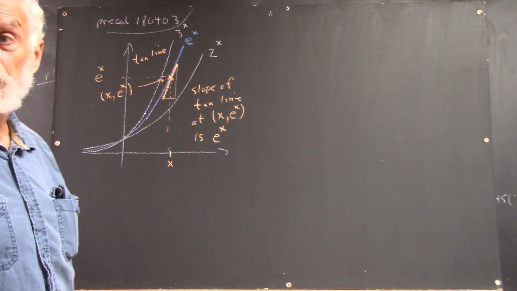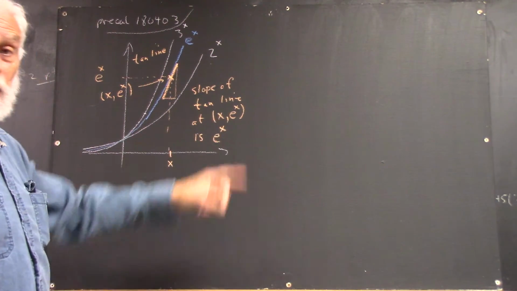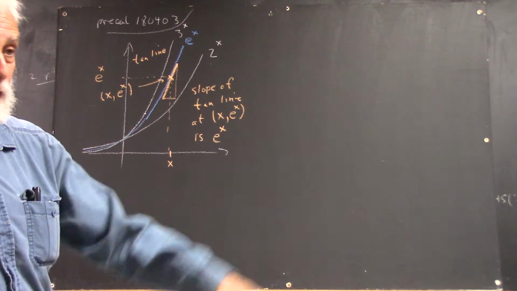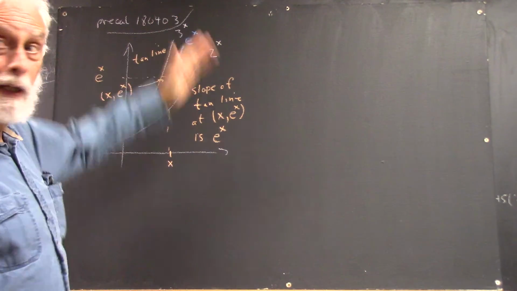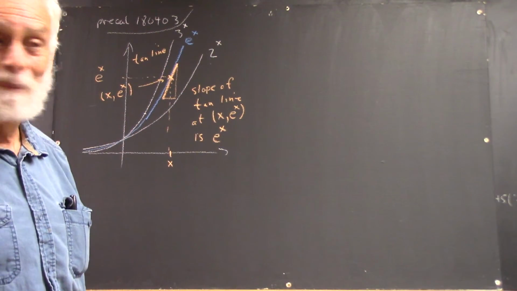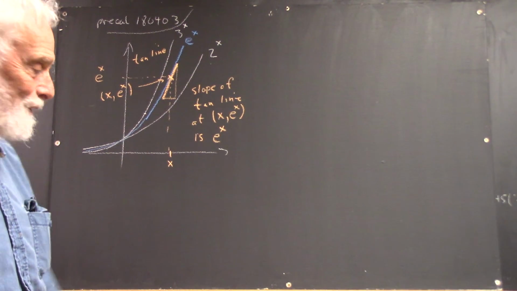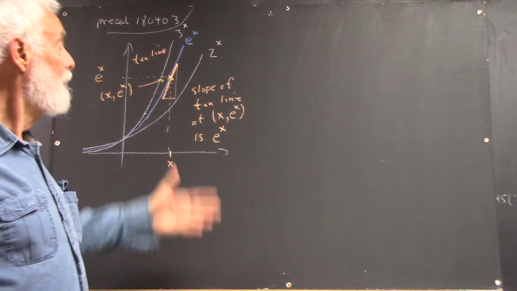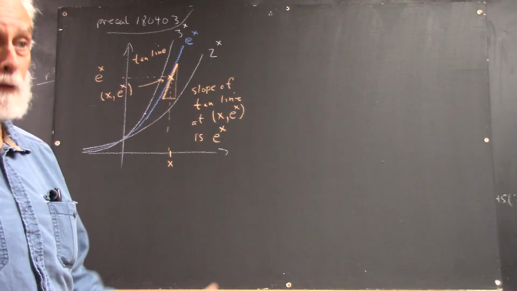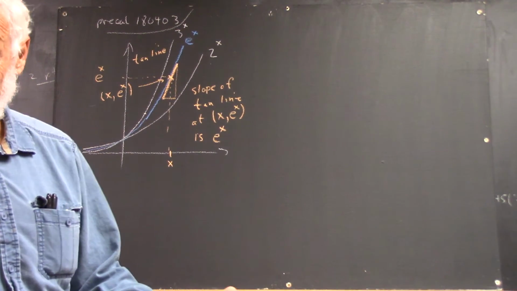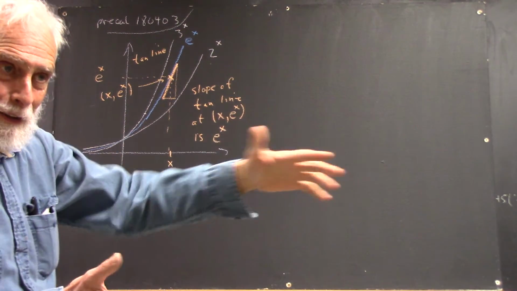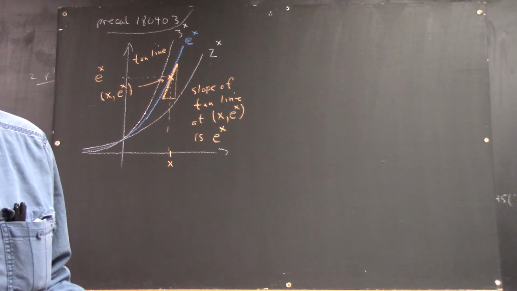Which makes it really easy to do calculus with the exponential function, because the first semester calculus is all about the slopes of tangent lines. Okay? Now, you don't have to know any more than that. I'm giving you the background for calculus, or trying to, okay? So we go right up to calculus, but we don't go into it, okay?